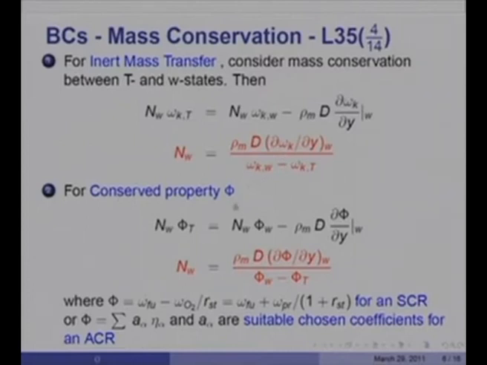Likewise, for any other conserved property phi, I have the same equation as you can see here, and N_W will be rho_m d d phi by dy at W divided by phi W minus phi T, where phi would be, as you will recall, omega fu minus omega O2 divided by RST equal to omega fu plus omega product by 1 plus RST for a simple chemical reaction, and phi can be any linear combination of eta alpha, and you choose A alpha suitably for a given problem, as we indicated last time.